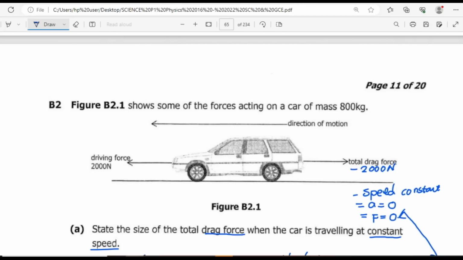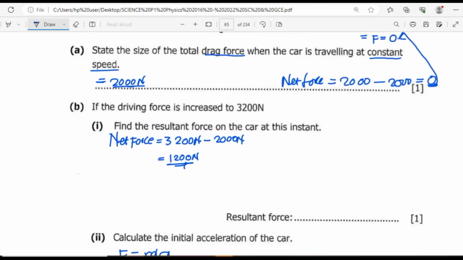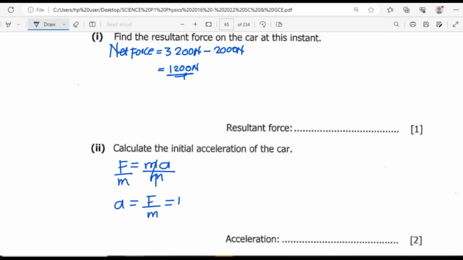So what is our mass? Our mass is just 800. Then what is our force? Force is 1200. So 1200 over 800 will give us the acceleration that was produced.